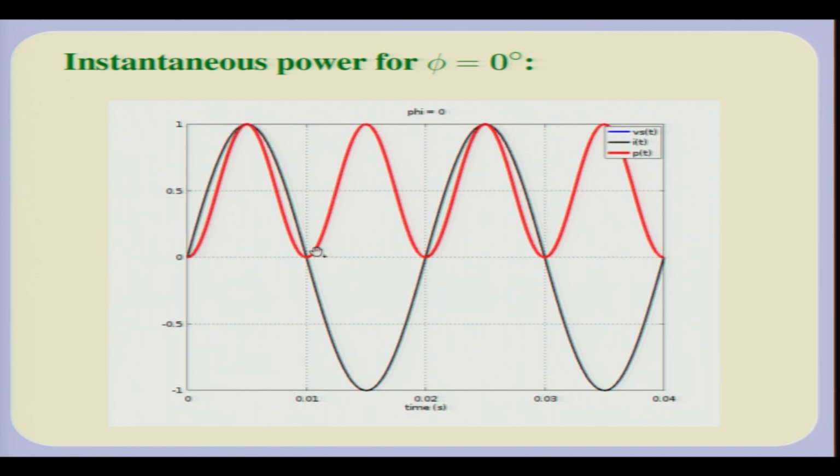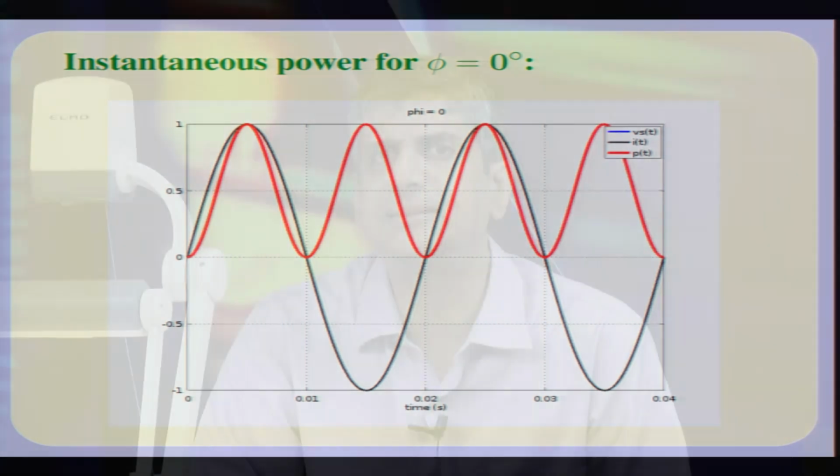That is an interesting point which you will notice. Phi equal to 0 means there is no phase shift between voltage and current.